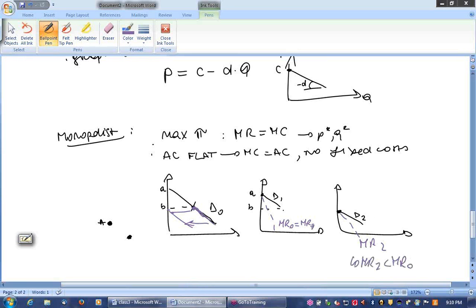So, as we saw in the last exercises, the optimal price in 2 will be smaller than the optimal price in 0, whenever the average cost is flat.